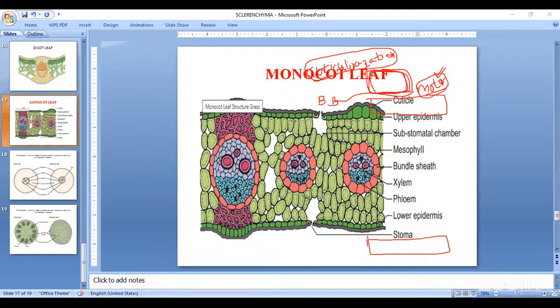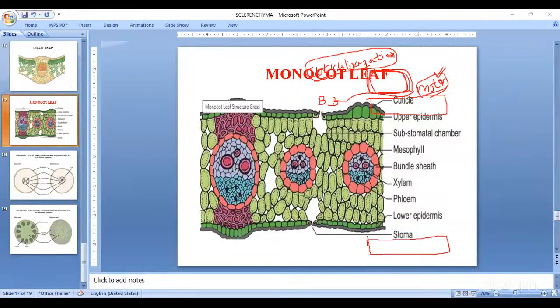But in dicot, the mesophyll cells are classified into two clearly distinct regions, such as palisade cells and spongy cells. But in monocot, there is no separation within the mesophyll cells. All mesophyll cells are in the form of spongy or palisade, with less internal space compared with dicot leaf, where especially in spongy cells there is more internal space.